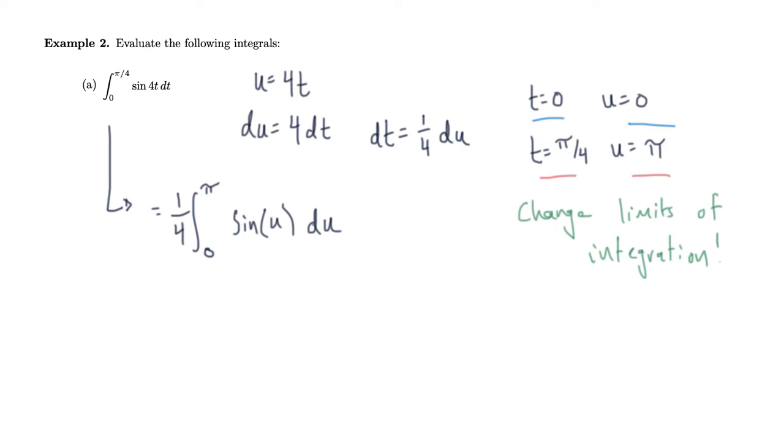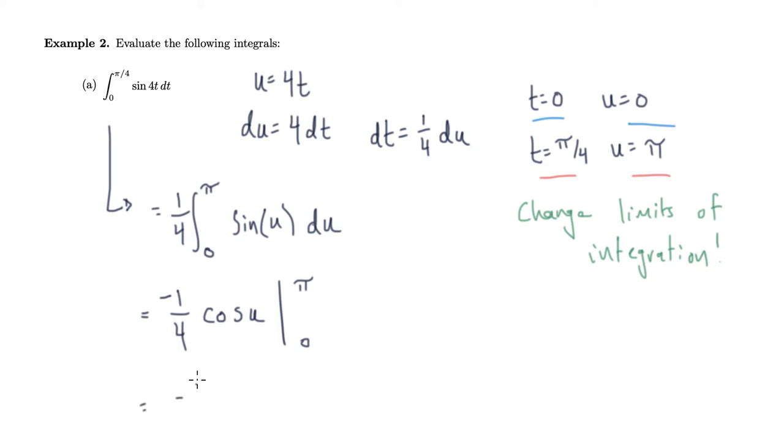Okay, so the way I solve it, we have this factor of 1/4, and we need an antiderivative of sine u. An antiderivative is just going to be minus cosine u, and then we just evaluate from 0 to pi.